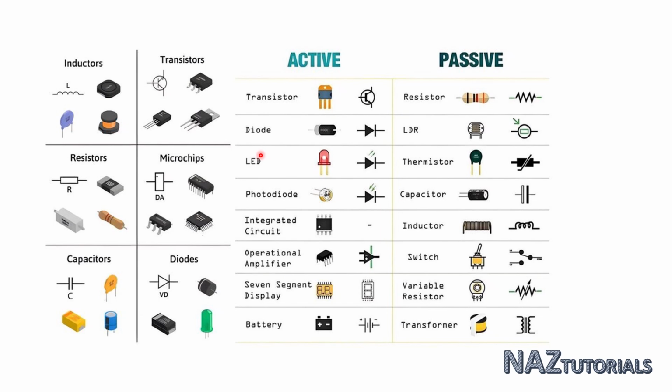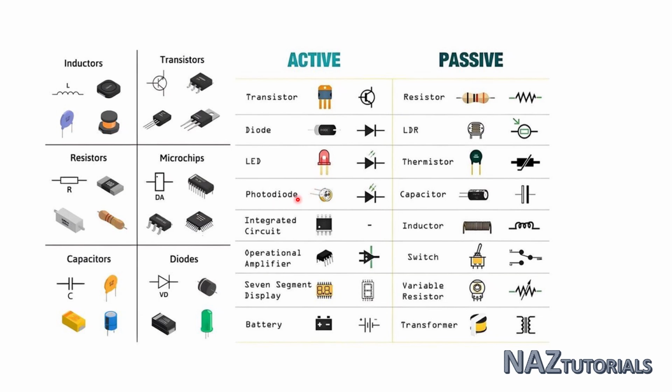If you see other types of diode, now come to the active elements, and there is LED, photodiodes and Zener diode. Basically, light emitting diodes are connected in a circuit. It will provide output in a form of light or in a form of power. That means there is a power gain in a circuit.